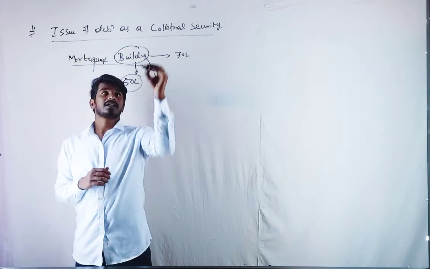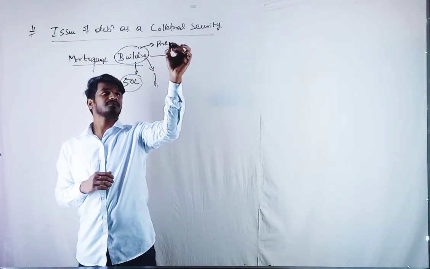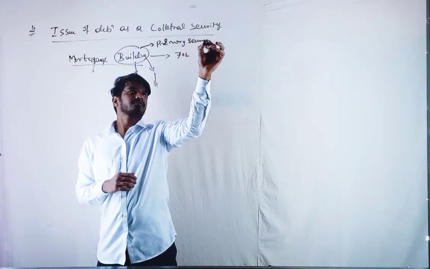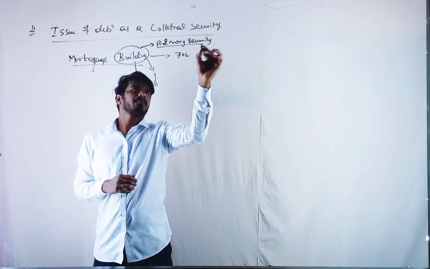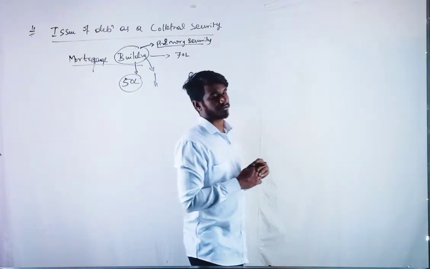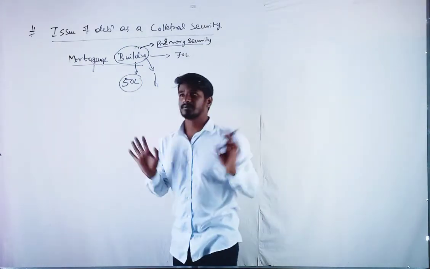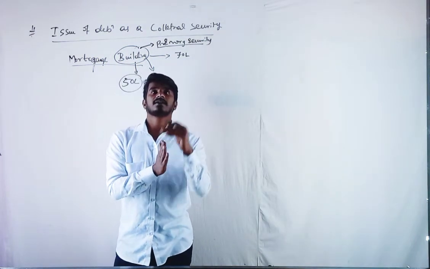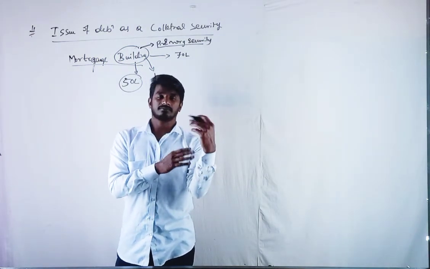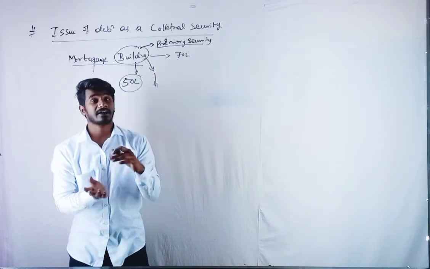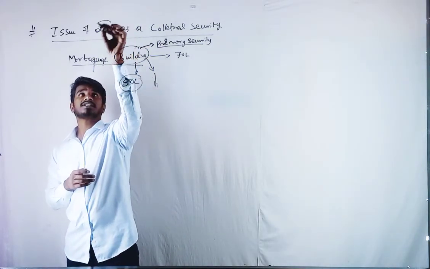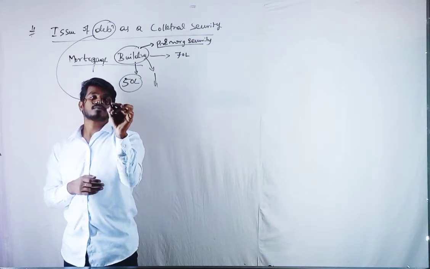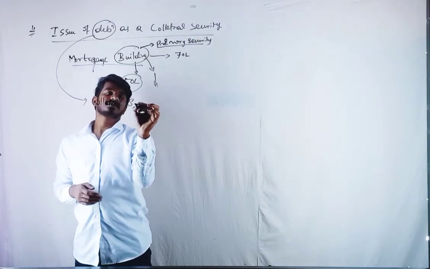The building will be the primary security, and the bank will ask for another security for their safety. In case the building value reduces, they can sell the debentures and recover the money. Debentures can be issued as collateral security.